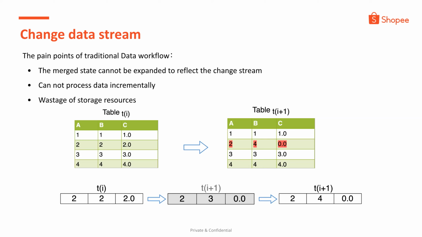But once merged, it cannot be expanded. In many scenarios, the portion of the business data that changes from day to day is only a small fraction of the total data. Storing every batch as a full snapshot is a huge waste.